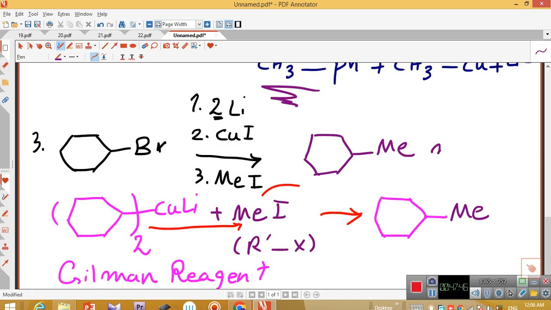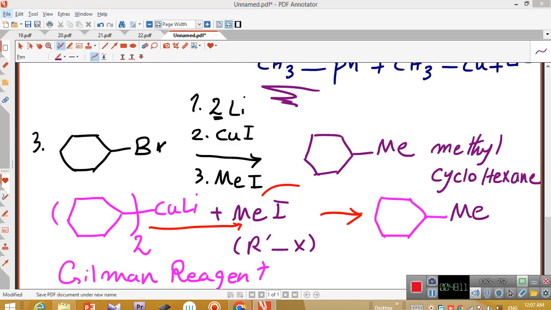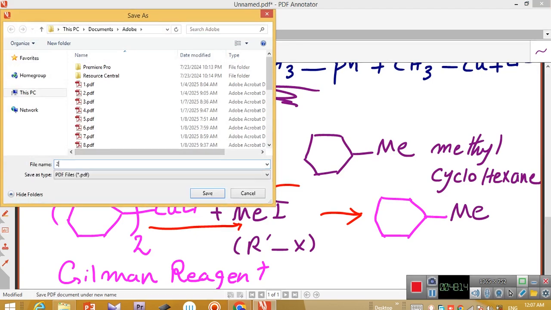This is our product, methylcyclohexane. Okay, so finally we could understand how, with this type of Gilman reagent, we can produce alkanes. Thank you that until now you have been with me, and this is the end of this session. Thank you very much, and please repeat it at home.